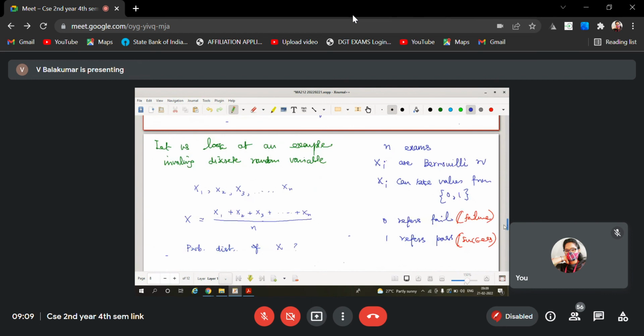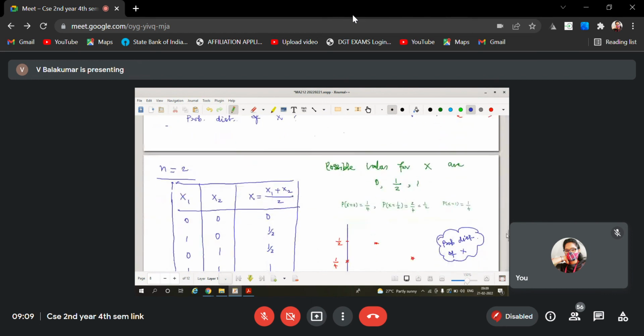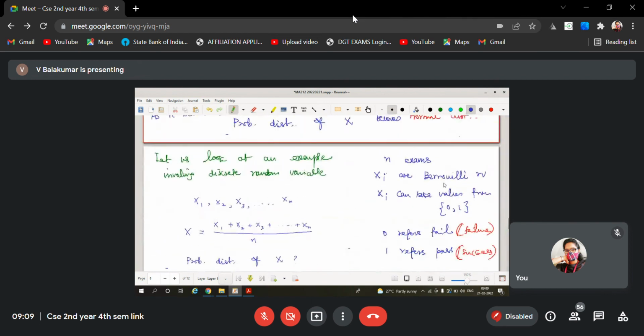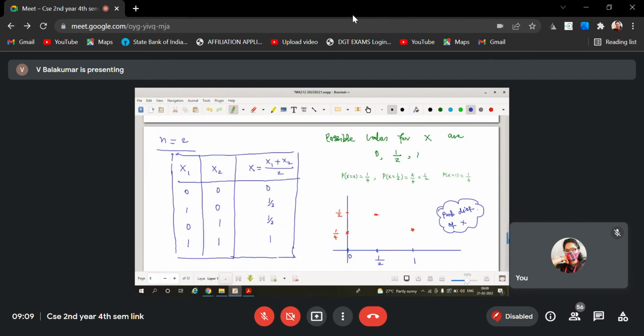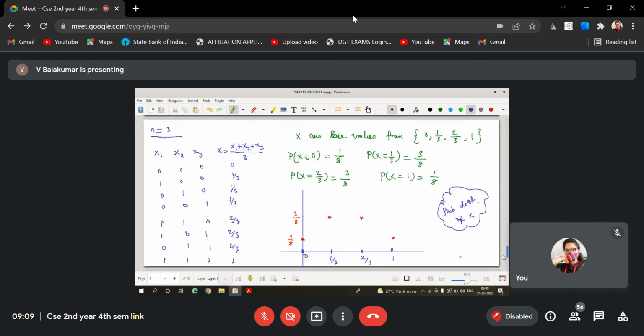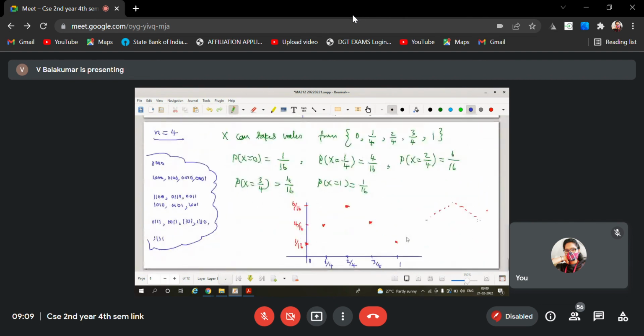Here we have discussed only Bernoulli random variables. Each of them has only two possibilities. And when you increase the number of examinations, the picture is gradually going towards the normal curve.